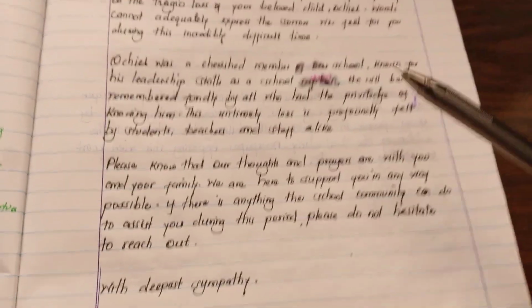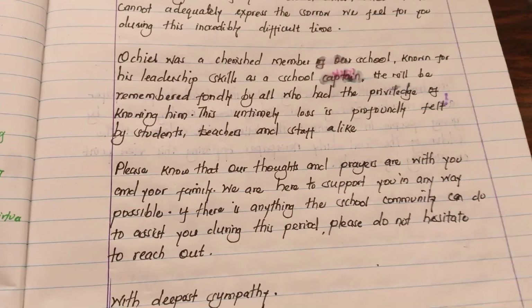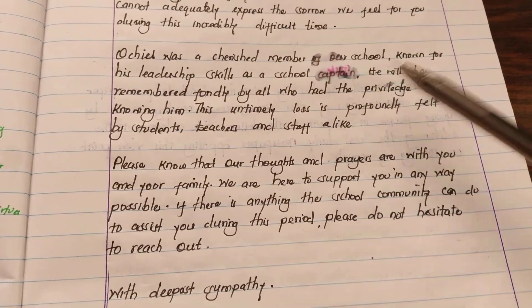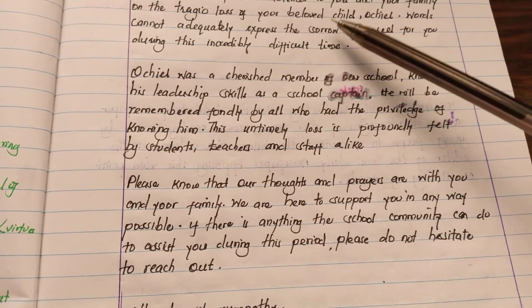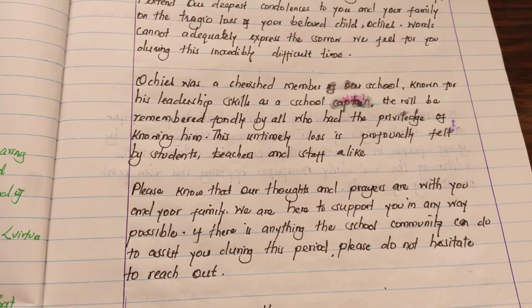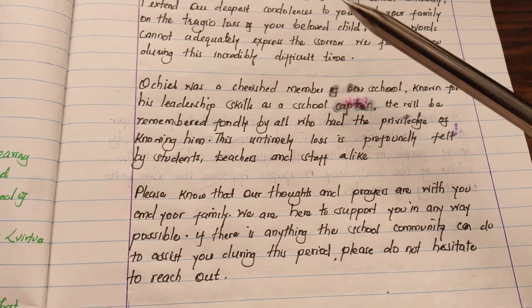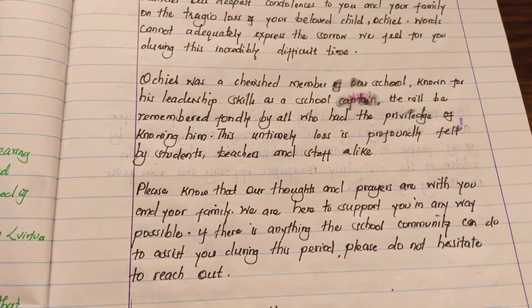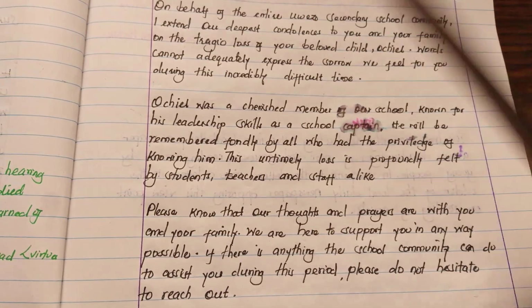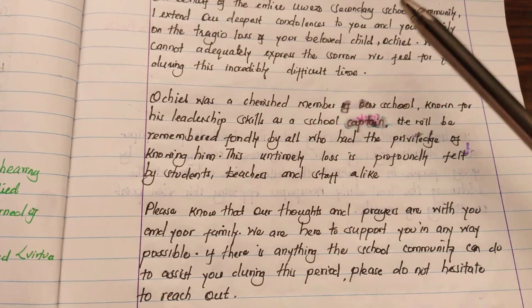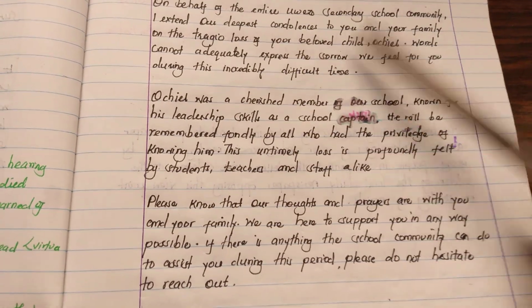You've noted that in the second paragraph, we've given a brief eulogy of Ochel. We also have tried to mention his name here in the first paragraph. Our feelings are also felt in the first paragraph, and we also have at least mentioned the word condolence.